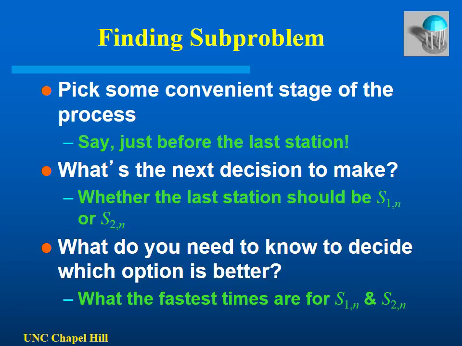We take this dynamic programming to pick some convenient stage of the process. I've just given you the example that we might pick just before the last station. And then we have to decide whether that last station should be S1n or S2n. That is a simple binary choice. What do we need to know to decide which options are better?